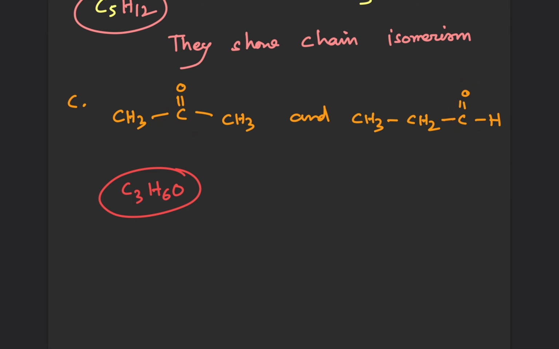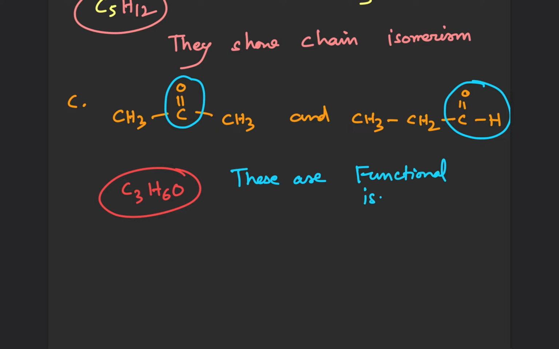So these are actually functional isomers because they have the same formula but different functional groups. One is a ketone, the other one is an aldehyde.